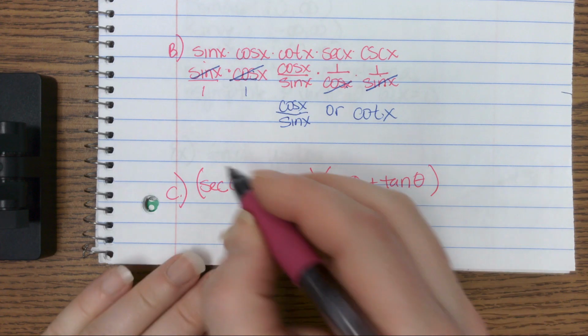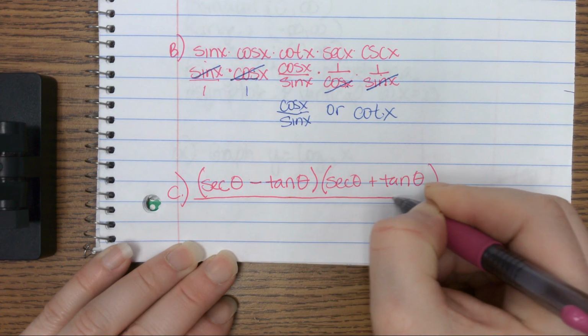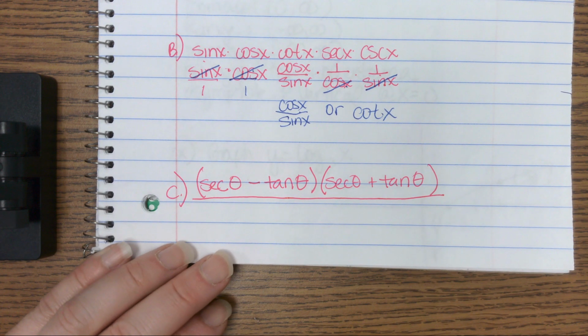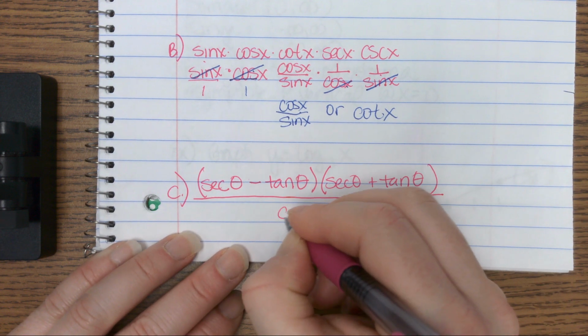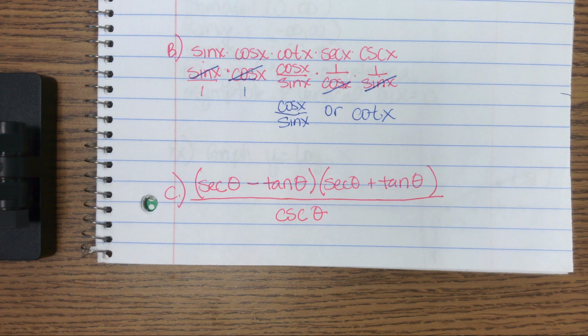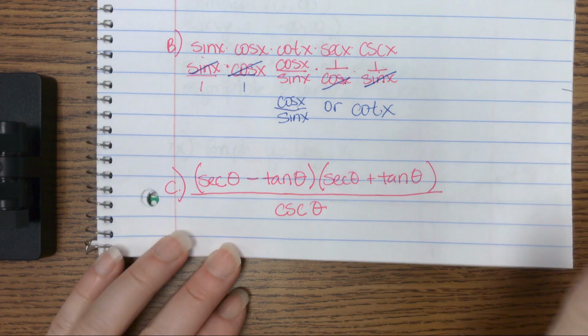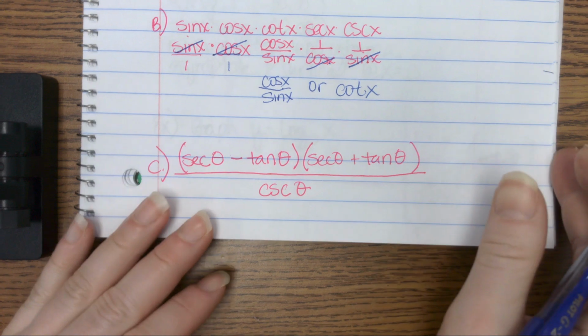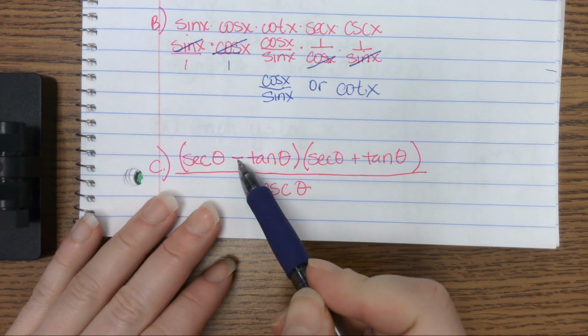And we're going to divide that by the cosecant of theta. Okay, so you're going to end up seeing this a lot in your proof stuff, but we do a lot of multiplying where we have like a difference of squares.